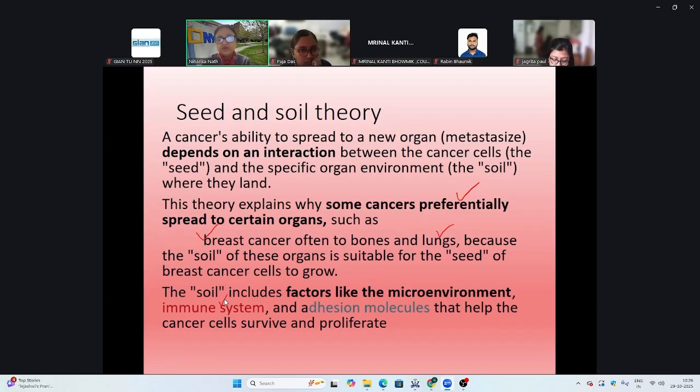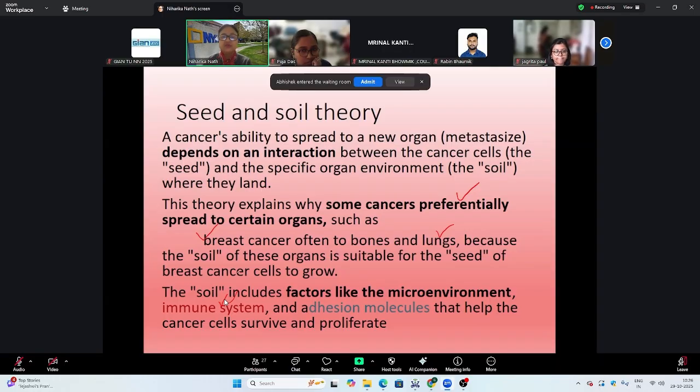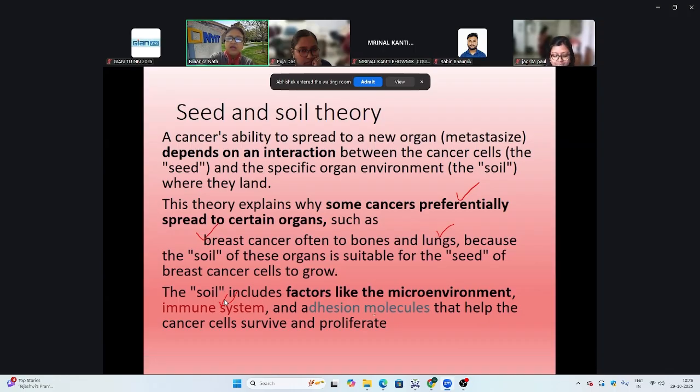We're not going to talk about the details of the immune system, but you know that the immune system is composed of lymphocytes and various other white blood cells that support the body and prevent infections, etc. So the cancer cell has to make sure that it can trick the immune system, trick that microenvironment, and turn it into a friend so that it can grow in that region.